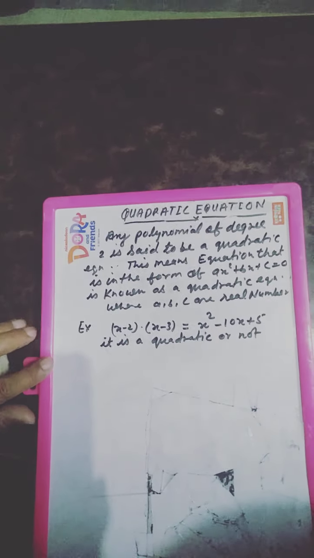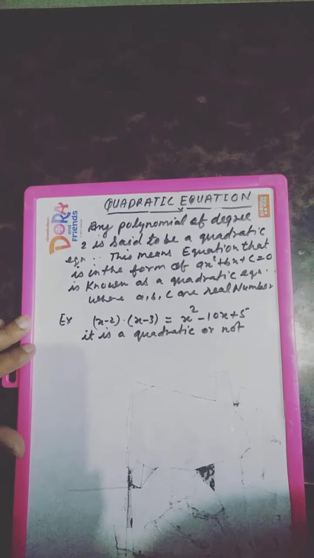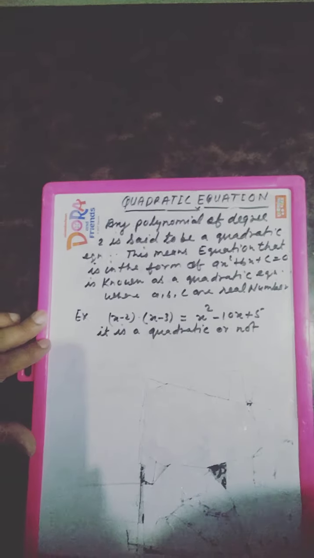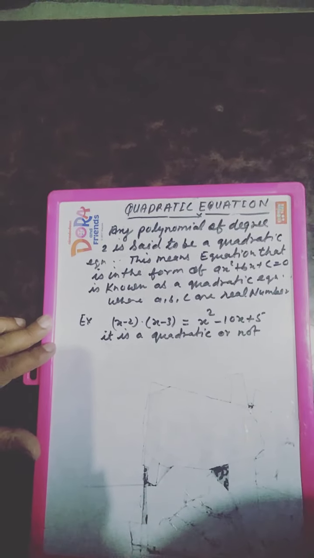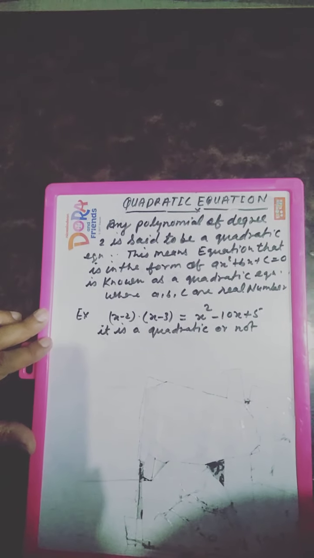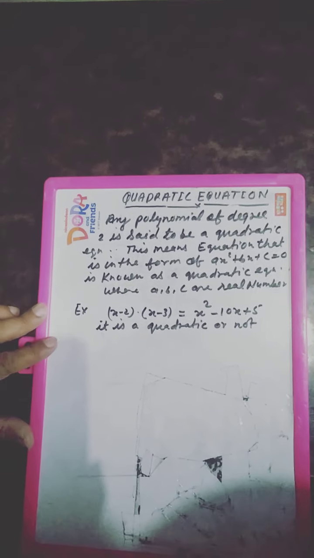So it's very simple. First of all, we will simplify the left hand side of the given expression, then we arrange variable and constant in the left hand side, and finally we check if it is in the form of ax square plus bx plus c is equal to 0, so it is quadratic or not.